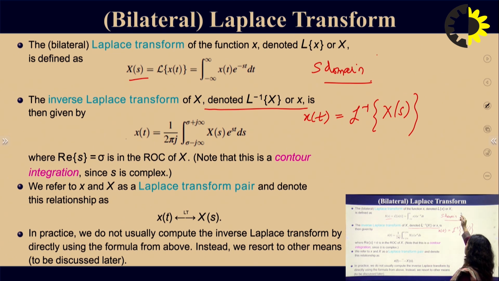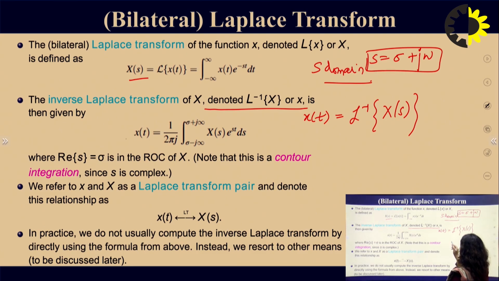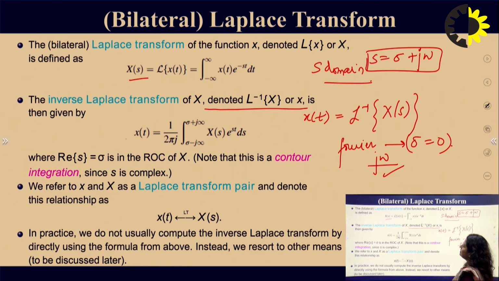Also in the s domain, we have two parts, one is the real part and another is the imaginary part. So, s has two components, real and imaginary. On the other hand, in Fourier, we have only the imaginary part, the j omega part. In that case, in Fourier, we have sigma equal to 0. So, in the place of s, we have j omega in the case of the Fourier.